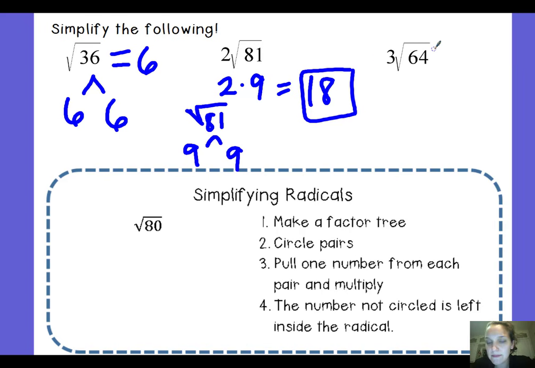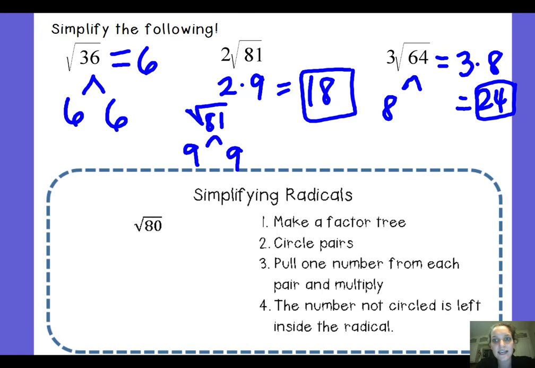Next one. 3 times the square root of 64. The square root of 64 is 8, so 3 times 8 is 24. You might be wondering, why is the square root of 64 8? Well, 64 is 8 times 8. So, if you're squaring a number, you're multiplying it times itself.